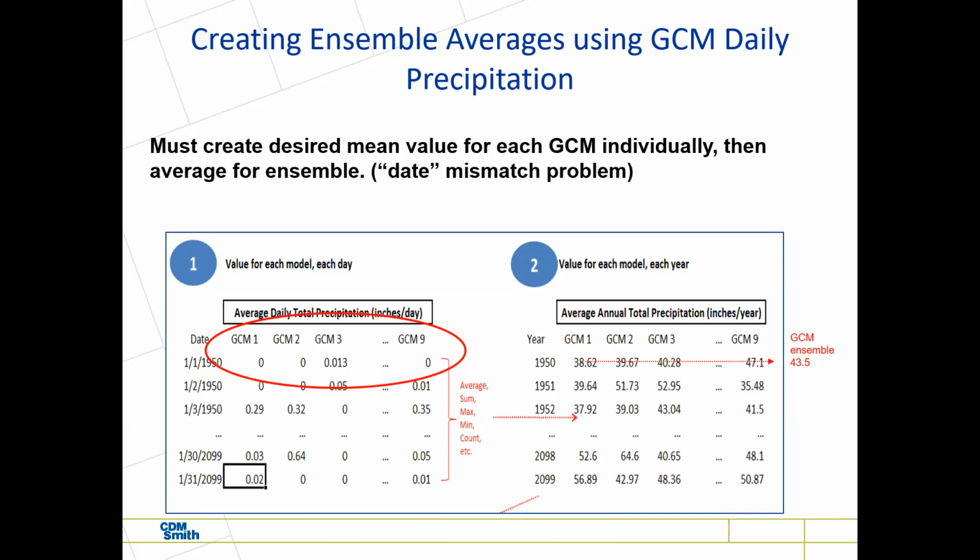So on the right, for example, we would be calculating the total annual rainfall on a year-by-year basis within each model. Once we have each of the 9 annual total precipitation values, then you can average those across. So you can see, for example, in 1950 on the right, each of the models gave a slightly different number. If you average them, we came out with 43.5 inches. So that's very, very important, but you'll see it quickly if you try to do it any other way that it doesn't work.